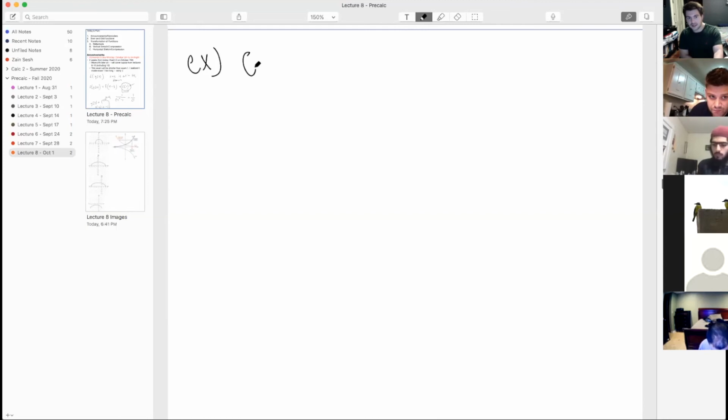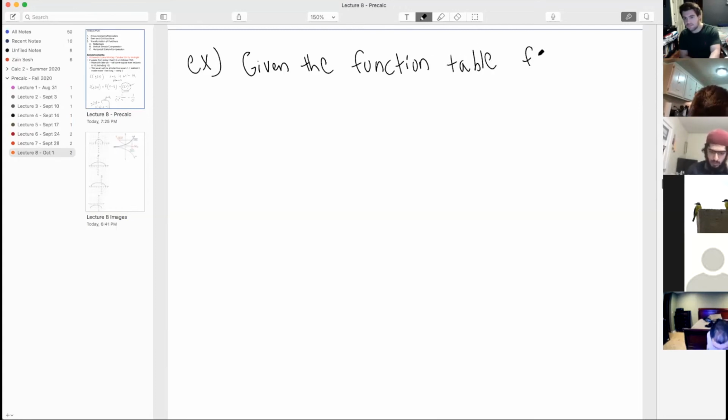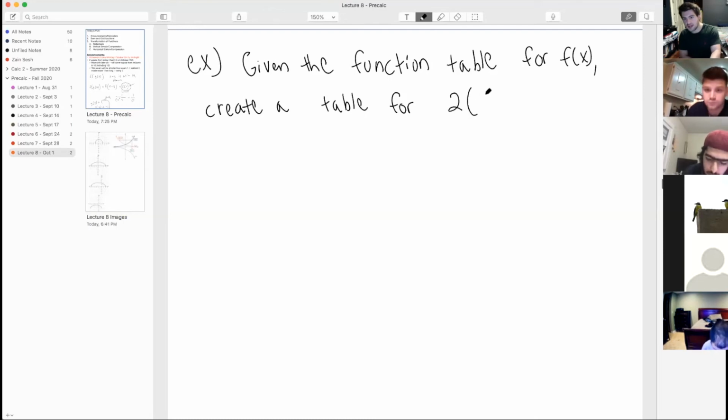So given the function table for f of x, create a table for 2 times f of 3x, close parentheses, plus 1.